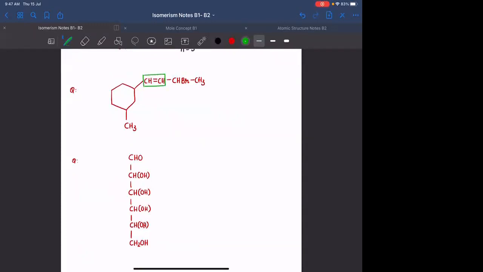This is one stereo center, that is geometrical center. This is the chiral carbon. Okay. Ring में this particular carbon is chiral. This carbon is also chiral. Agreed? Any doubt? This is attached to two different groups.